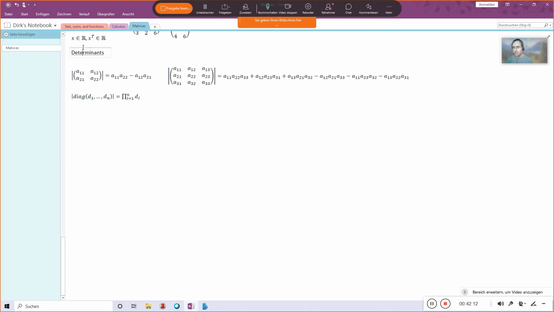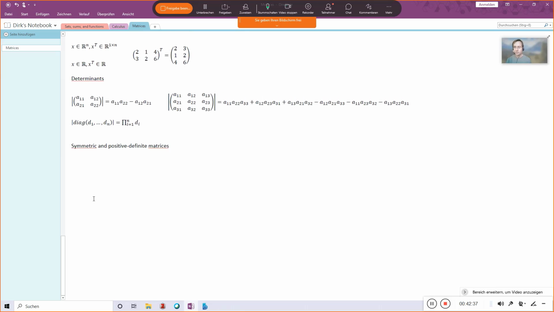Good. So then the last thing is the notion of symmetric and positive definite matrices. This again relates very much to the probability density function of the multivariate Gaussian, because there we will require the covariance matrix parameter, which would be the sigma.